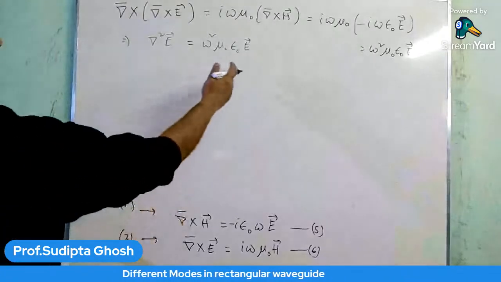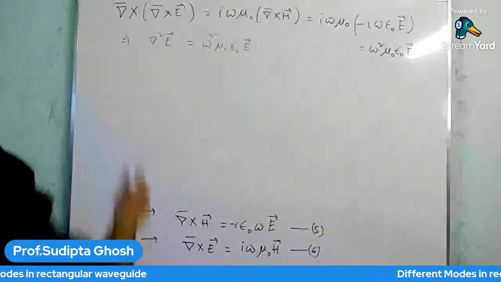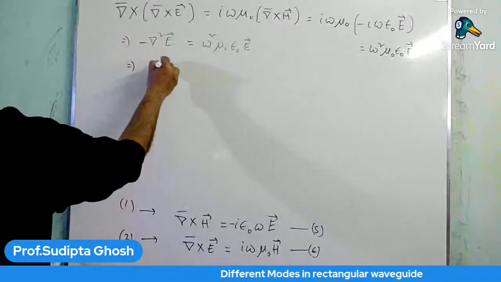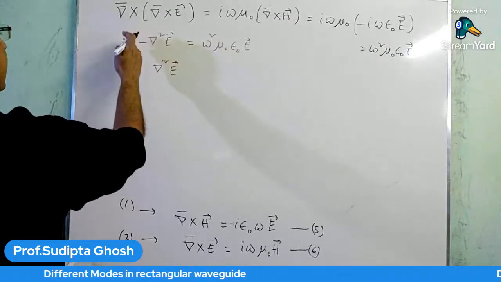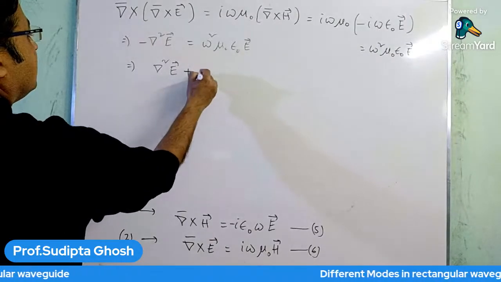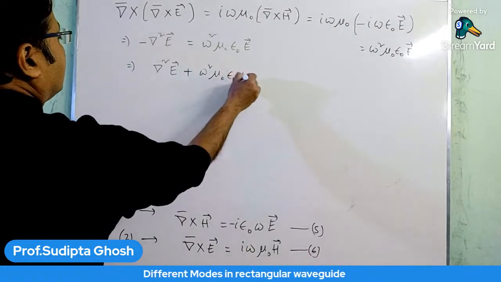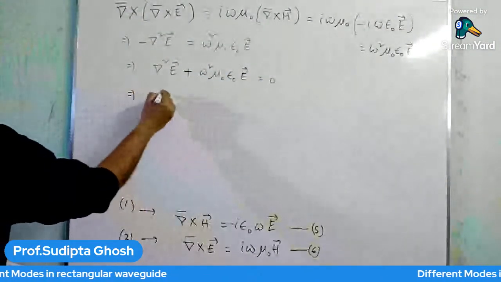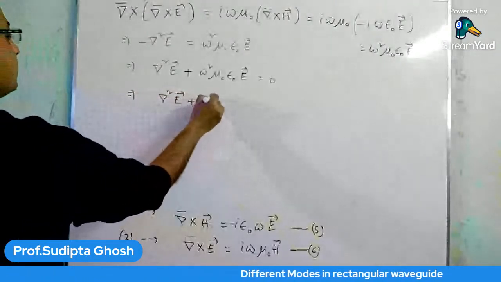So we can have delta square E, and since a minus is already present, it will be plus omega square mu 0 epsilon 0 capital E equals 0.